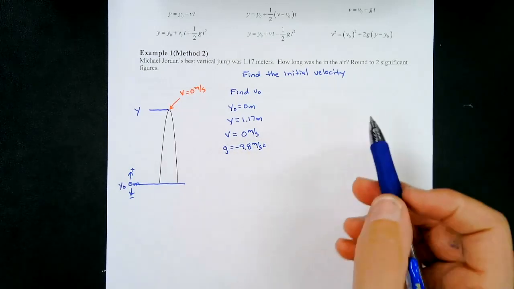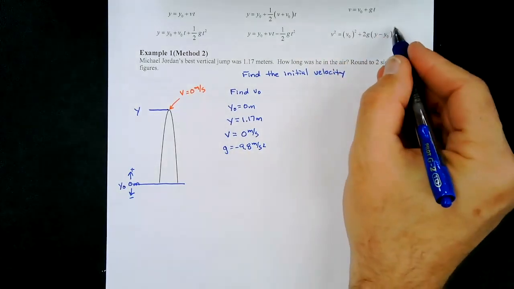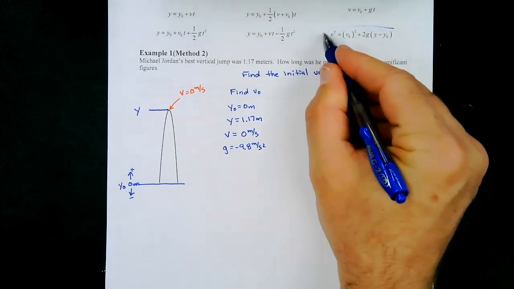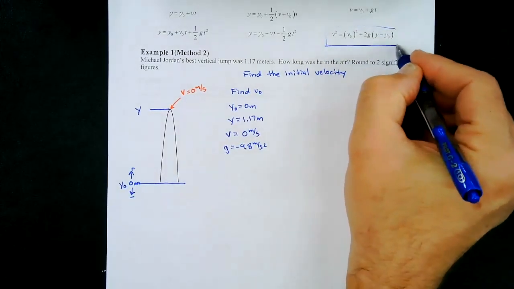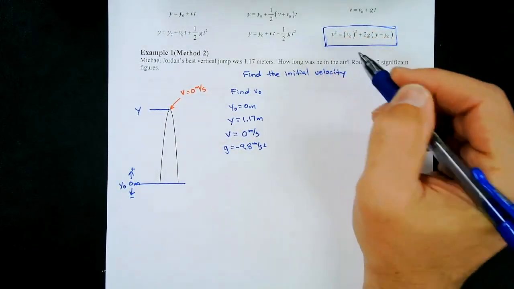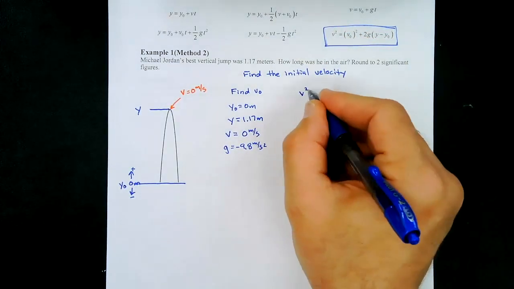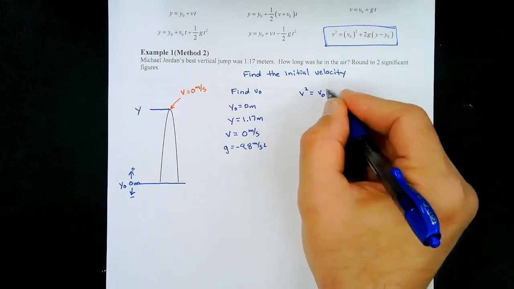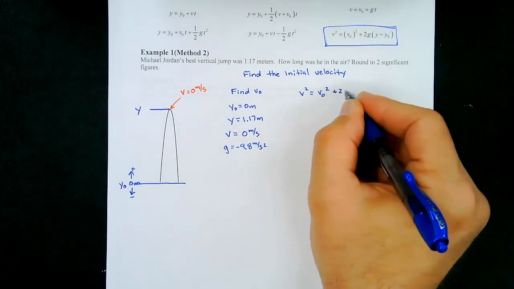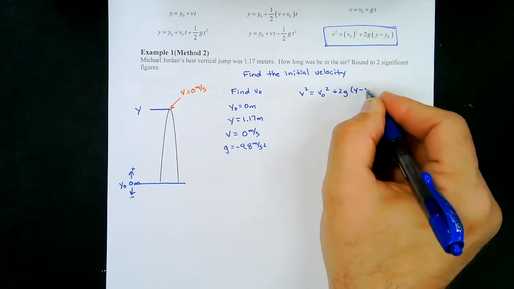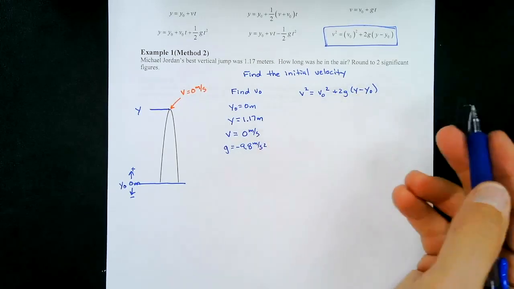So to get v sub 0, what I'm going to first use is this equation right here. Okay, so I'm going to use v squared is equal to v sub 0 squared plus 2g times y minus y sub 0. Are any of these 0?